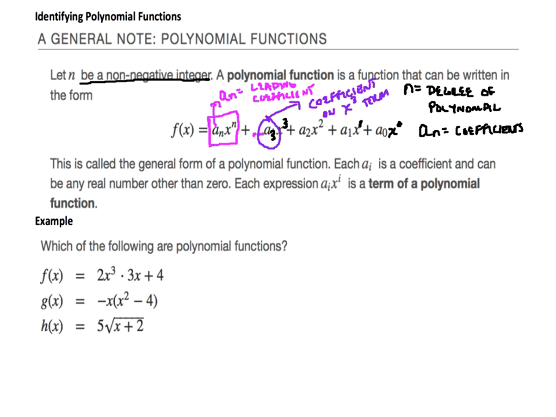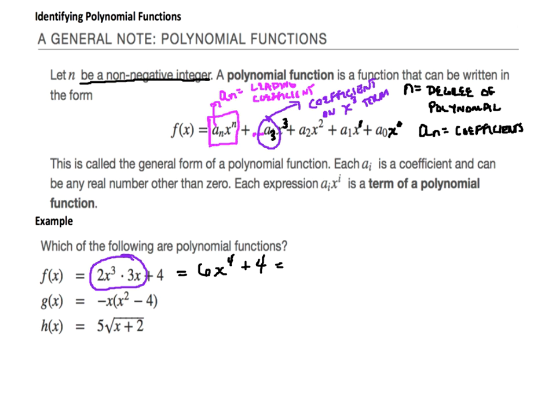All right, so the question down at the bottom: which of the following are polynomial functions? Well, because I can multiply these terms together and get 6x to the 4th plus 4, this is considered a polynomial function. Now, you're not seeing all of the terms that actually exist.